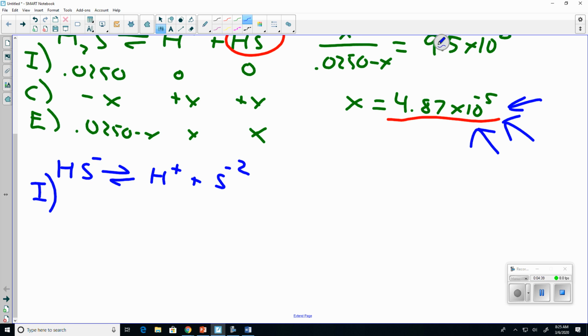And X happens to be what the HS minus is. So my initial concentration of this is 4.87 times 10 to the negative fifth. So I'm not given an initial molarity of it, but I figured it out. Same thing can be said for the H plus concentration. That also is X that I solved for before, 4.87 times 10 to the negative fifth. However, I start off with nothing of the sulfide ion.